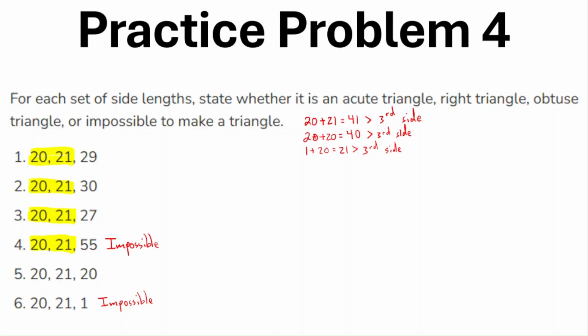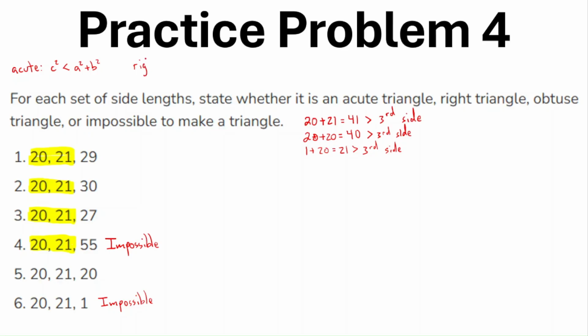Now we need to look at the other 4 and determine if they are acute, right, or obtuse. And here's the rules that we're going to use. It will be acute if c squared is less than a squared plus b squared.